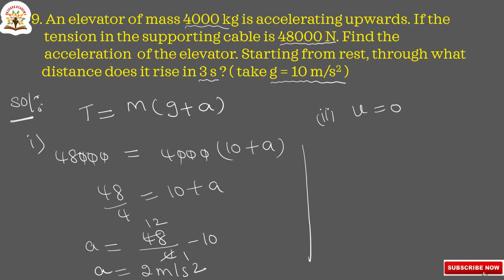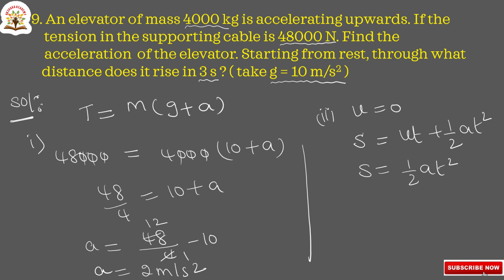First one, find the acceleration of the elevator. Acceleration of the elevator is 2 meters per second square, and what distance does it rise in 3 seconds we have to calculate. S is equal to ut plus half a t square. Here u is equal to 0, so S is equal to half a t square.